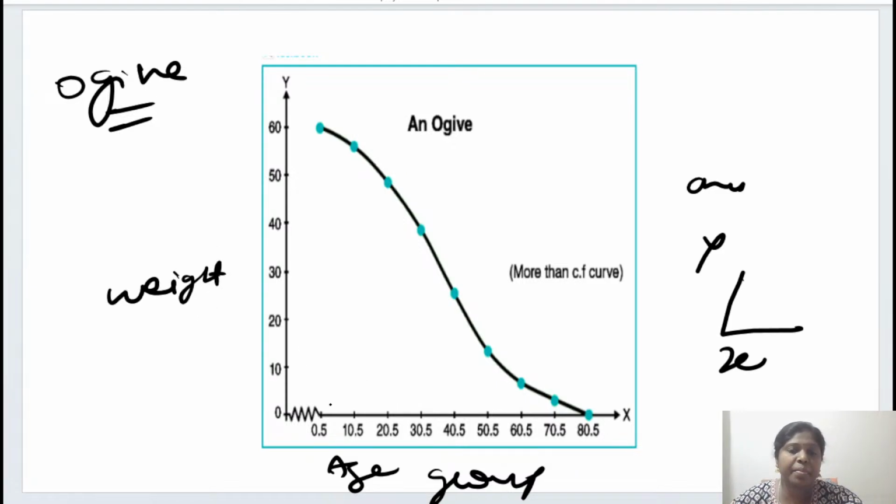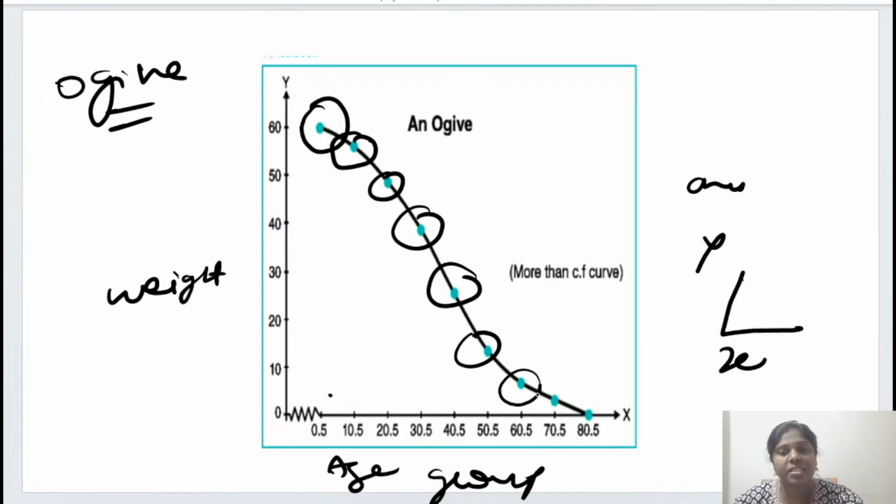A child of age 5 might weigh around 6 kg, like that, so I mark it here. When you join these plots, it is called an ogive diagram. So this is an example of an ogive diagram.